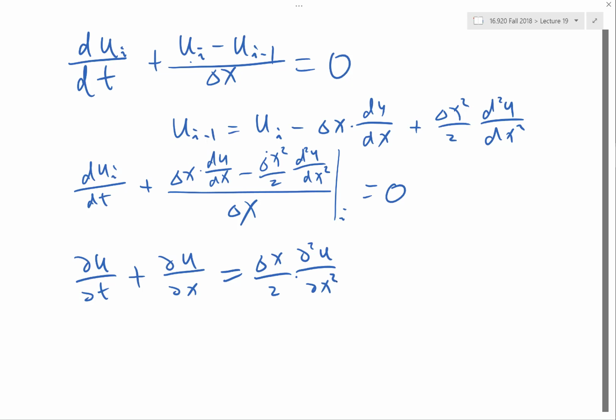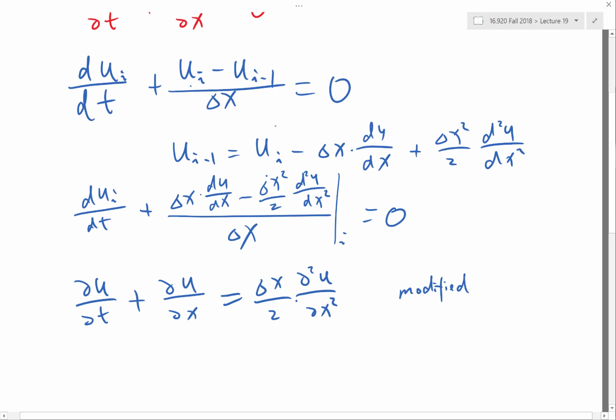But with any finite delta x, we have diffusion in this equation. This is why this is the modified equation, right? This is the modified equation. And the first order upwind is, yes, actually a first order approximation to the original differential equation, but it is actually a second order, at least a second order approximation to the advection diffusion equation.